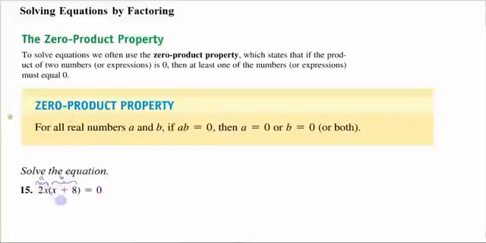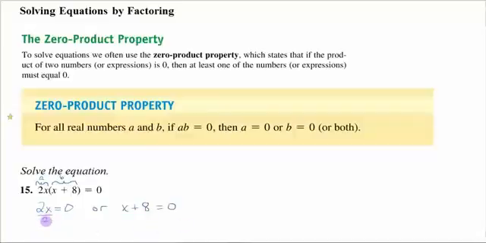A product means the result of multiplication. So it says that if a times b equals 0, then either a equals 0 or b equals 0. So that must mean that 2x equals 0 or x plus 8 equals 0. And then we can solve each of those equations separately.